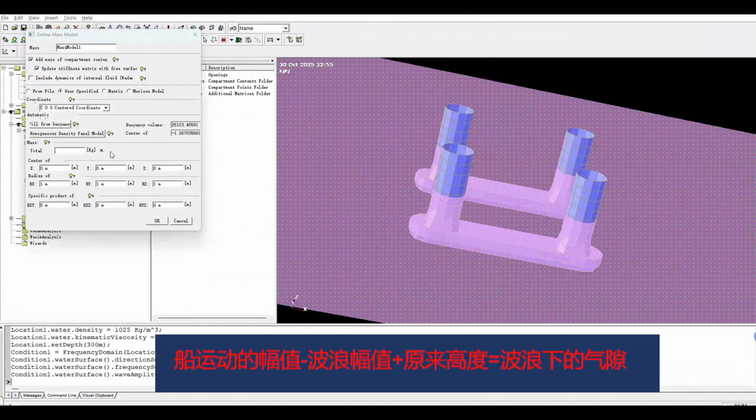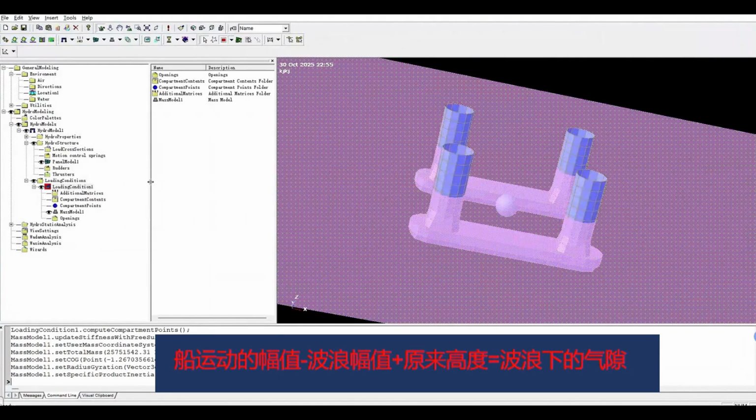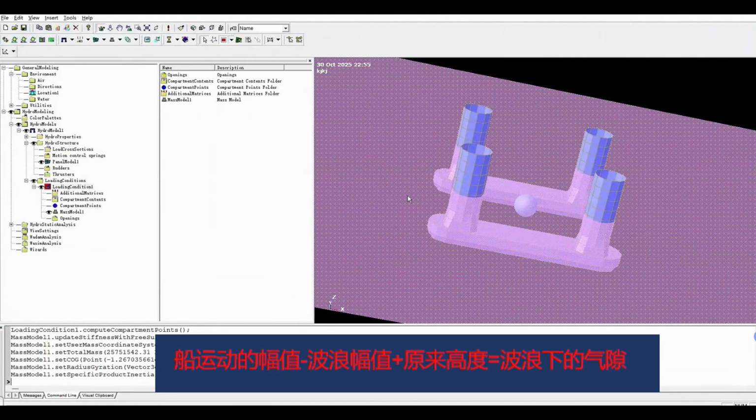I've already introduced these steps in previous tutorials, so I'm going a bit faster here. Alright, normally, the basic setup for our excavation analysis is now complete.